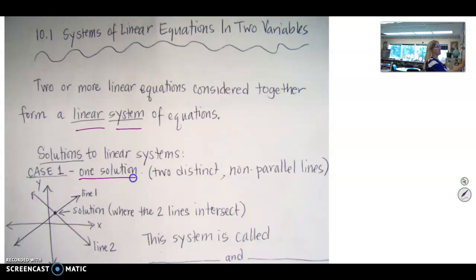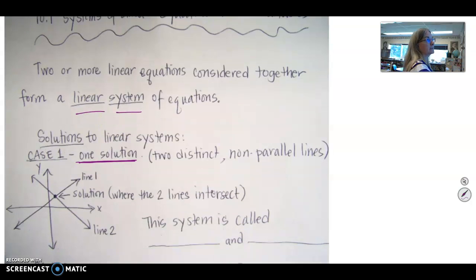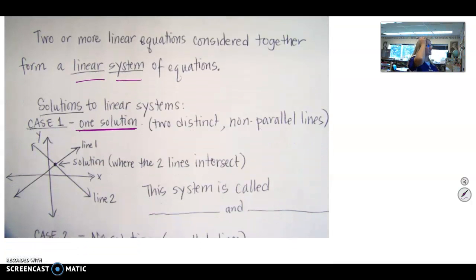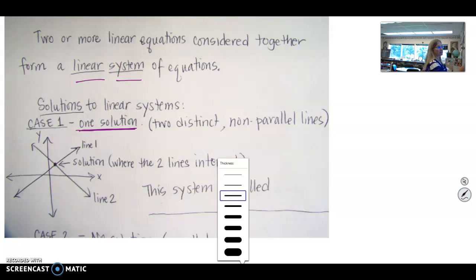Case one, you may come across a system that has one solution, one ordered pair that intersects at one point that's common to both of the linear equations that are considered together. So what that looks like is if you had two distinct non-parallel lines. So we have our XY coordinate grid here.